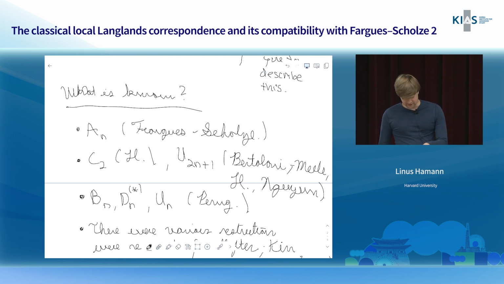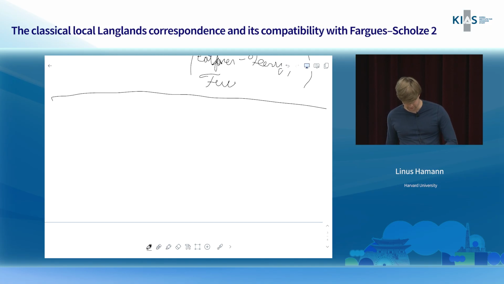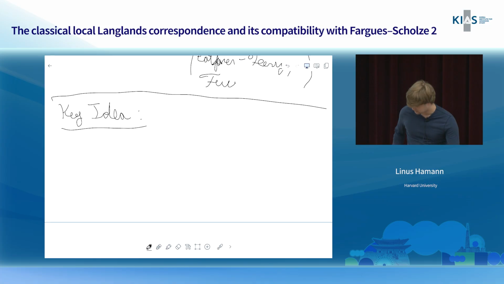But I just want to address roughly this thread of ideas up here. So let me say, what's the key idea? The Fargues-Scholze local Langlands correspondence is built from these excursion operators, which in turn come from these Hecke operators.